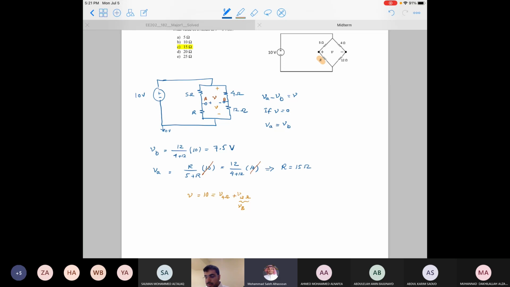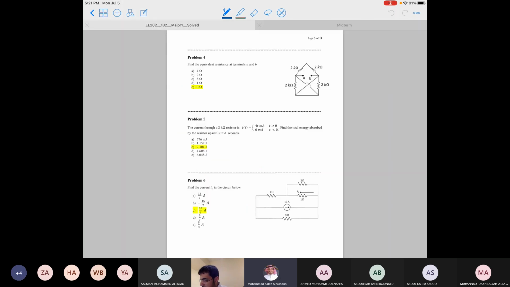This is the 0 volt. So I use the upper line as a reference. You can use it. But here you also need to use the upper line to find VA. So you have to be consistent. Okay, good.